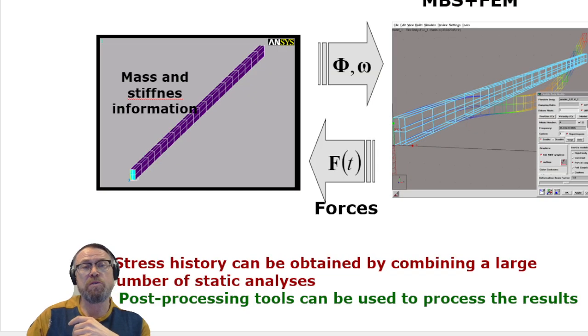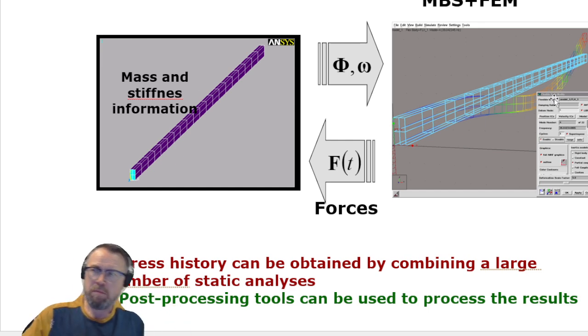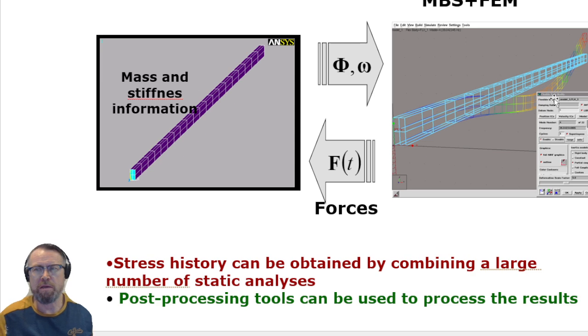So basically, you could use the same software that you extract the modes from. Same finite element model, you extract the modes, and you export that to multi-body system dynamics. You run your models. Sorry that I'm blocking the view a little bit.